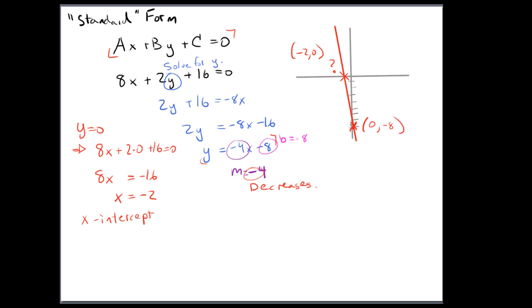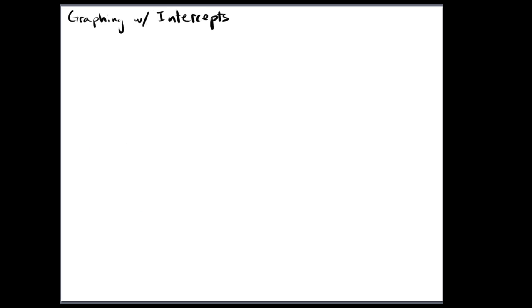Let's take a look at another example and figure out graphing with just the intercepts. For this line, let's take 2x minus 3y minus 6 is equal to 0. And let's solve that.